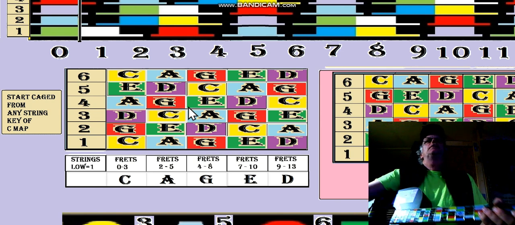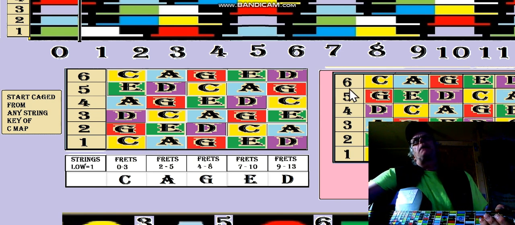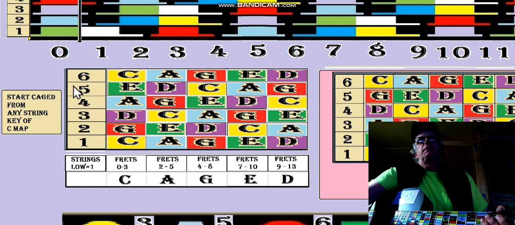So this one over here is a map. This guy is not a map. This is a map. So cage is, we're looking at the first string.